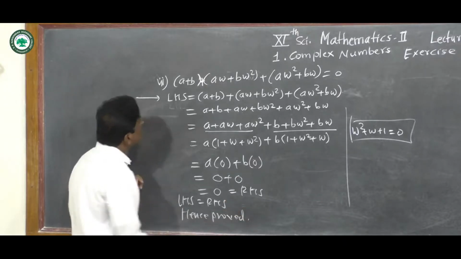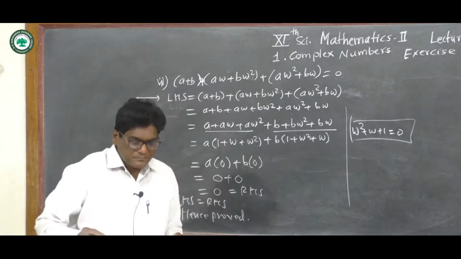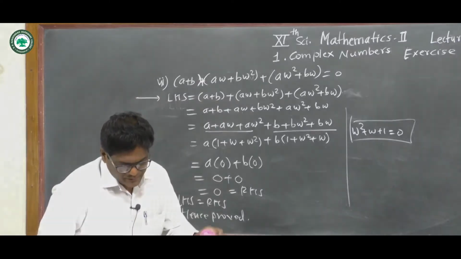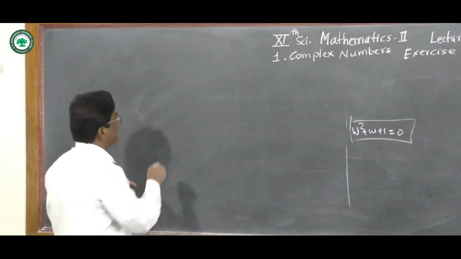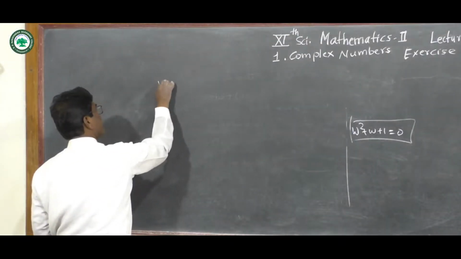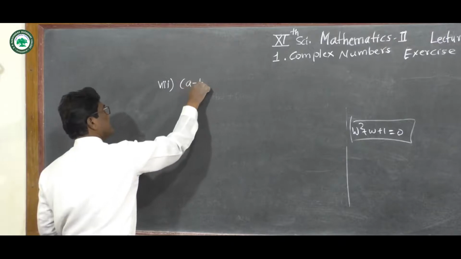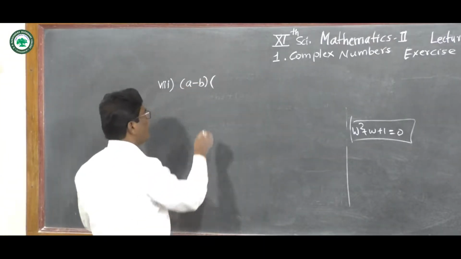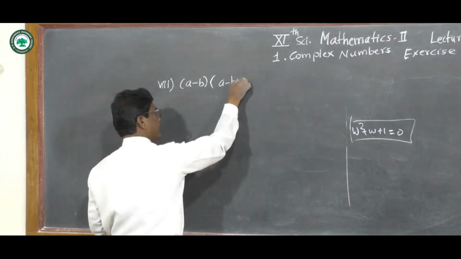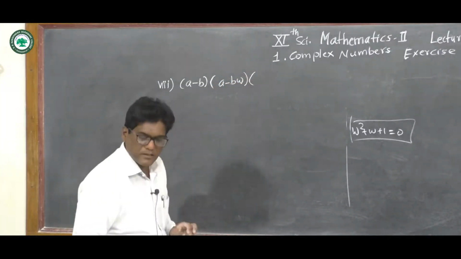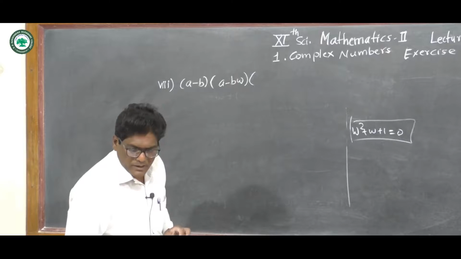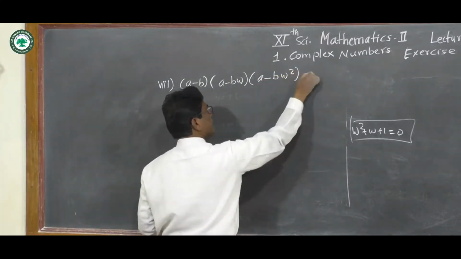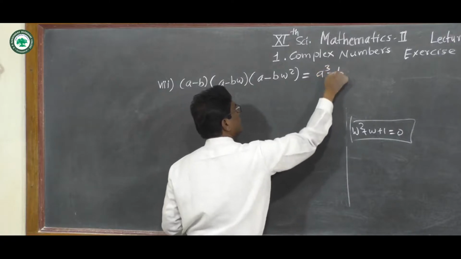Now the eighth problem: a minus b, in the second bracket a minus b omega, in the third bracket a minus b omega square, is equal to, the right hand side, a cube minus b cube.